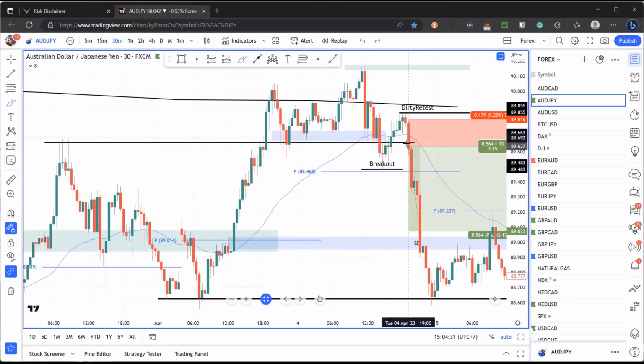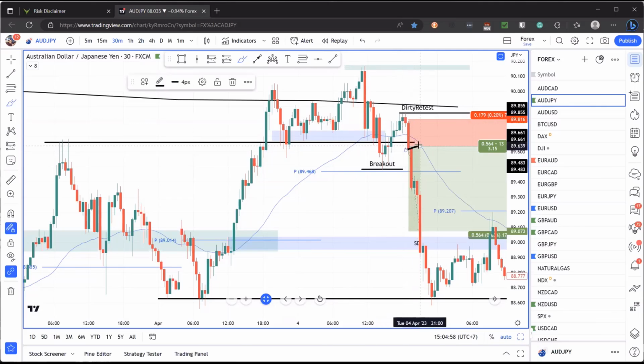And what is really interesting then, and what got me in, is the reaction once we saw more bearishness in the market. So the key to trading the good dirty retests is the acceleration of the bearishness. In case of a bullishness, you always want to see the market get out of the pattern, and ideally you want to see it happening with strong momentum.